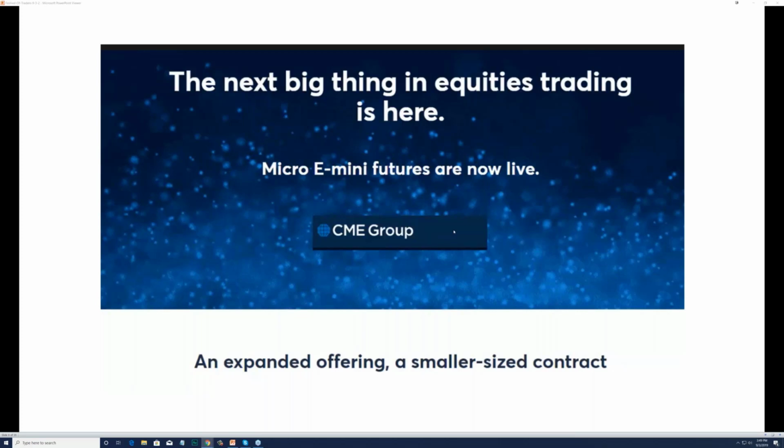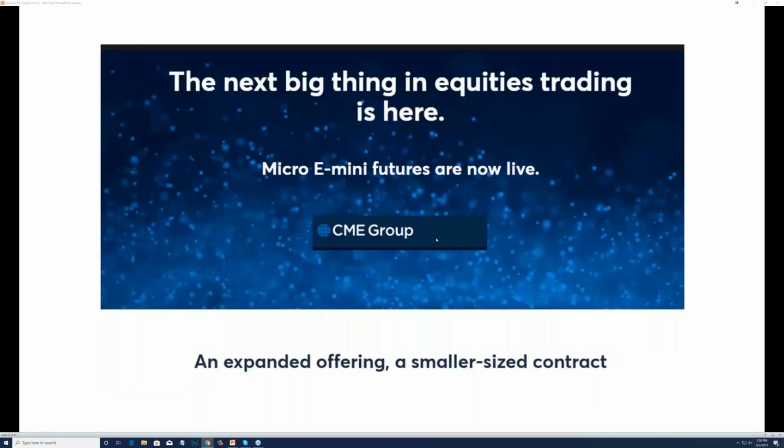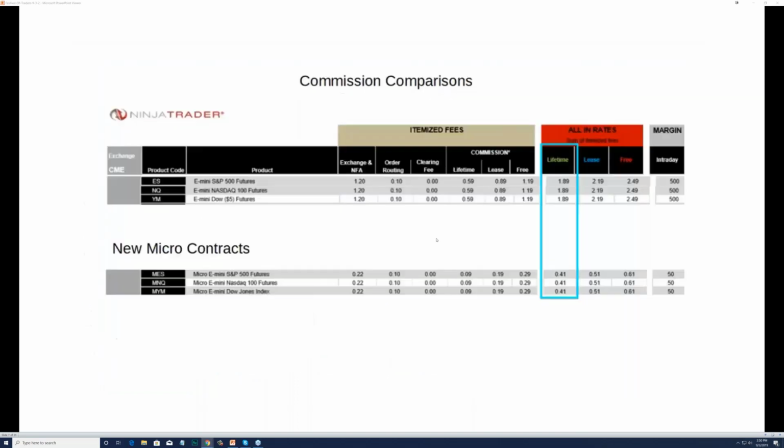Now I'm going to show you why these new micros are great. Let's talk about the commission comparisons real quick, just so you can get an idea. This is right off the Ninja platform.